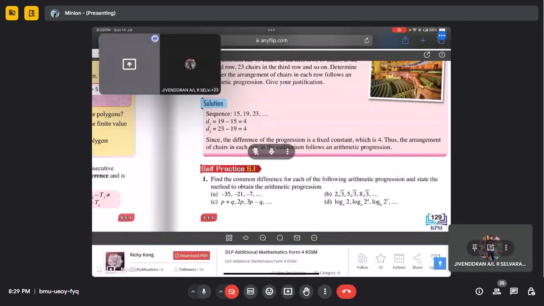Okay. Last one is D, in log form. Log A squared, log A to the power 4, log A to the power of 9. If you guys need the working for D, I can show. Anyone want the working?